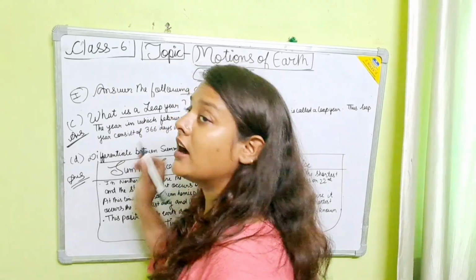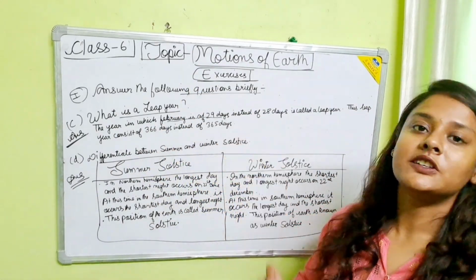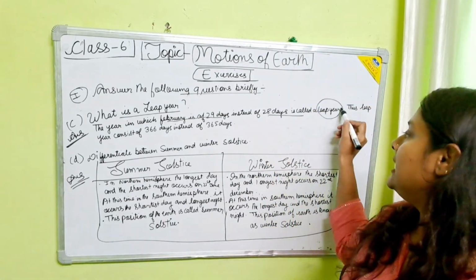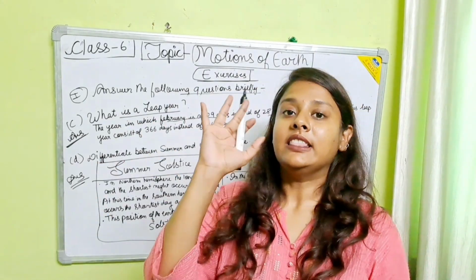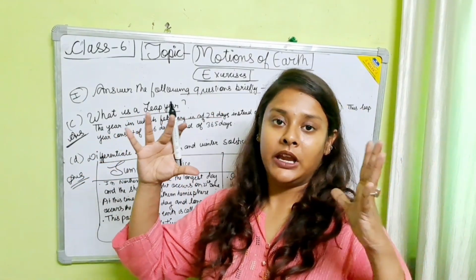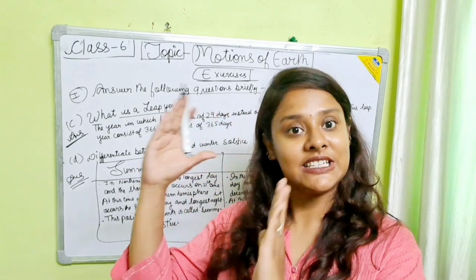C. What is a leap year? The year in which February has 29 days instead of 28 days is called a leap year. I have already explained the concept of leap year: we generally consider a year made up of 365 days, but it is 365 days and 6 hours.